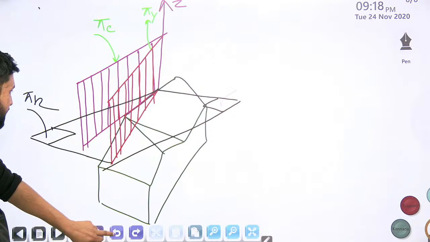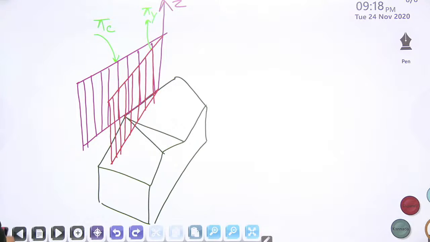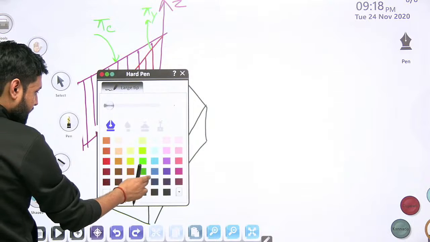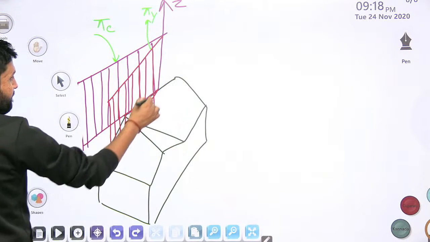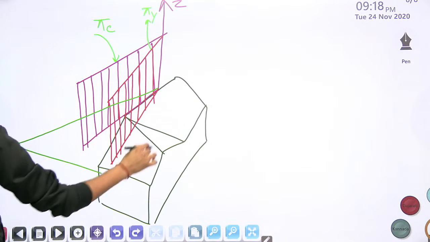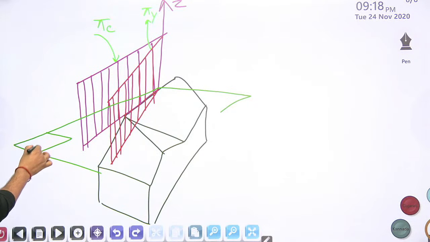Let me take the reference plane in some other color, because I think it will confuse you as everything is becoming black. Let me choose a deep green color. This is your reference plane, that you understand.